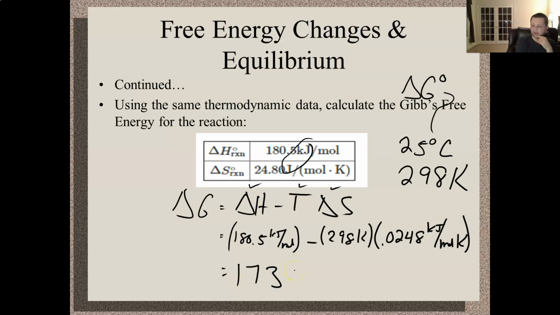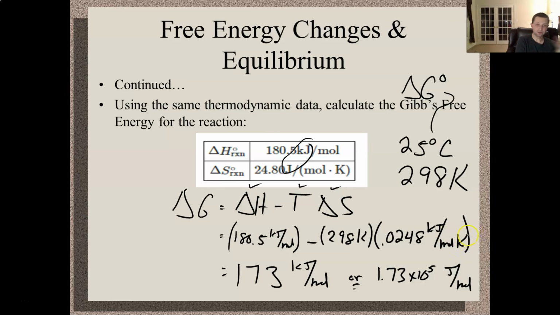You're going to get 173 kilojoules per mole, or if you decide to go the route with joules instead of kilojoules, 1.73 times 10 to the 5th joules per mole. Notice your unit is kilojoules per mole or joules per mole. That's important. It's not hard to figure out.